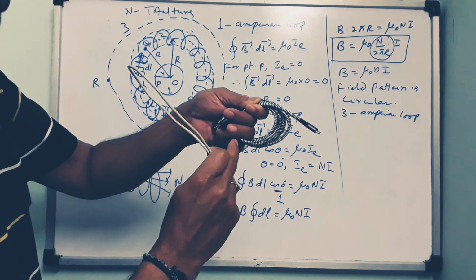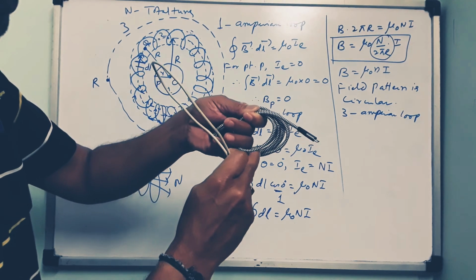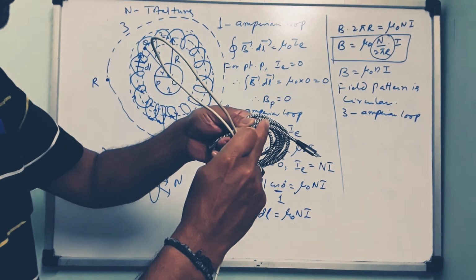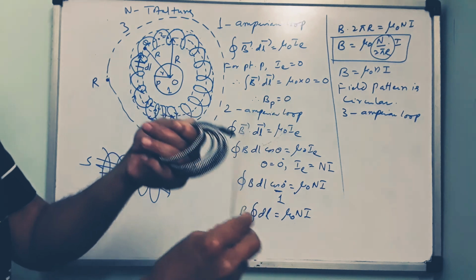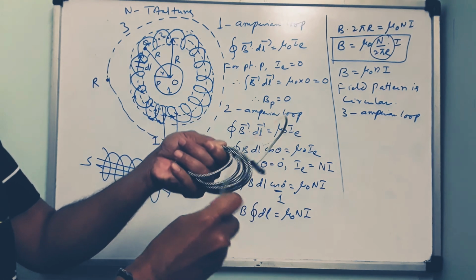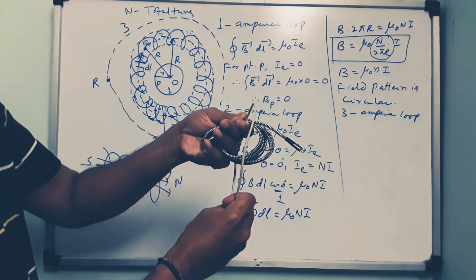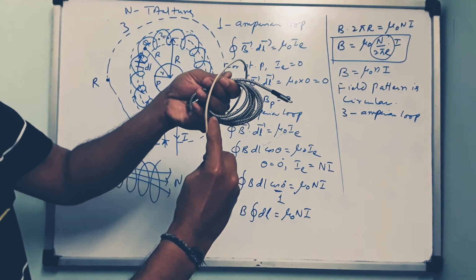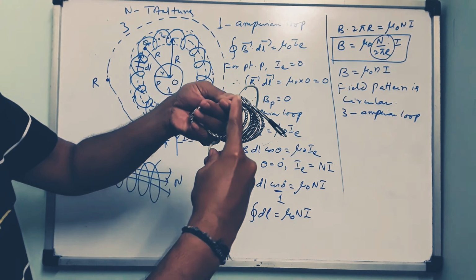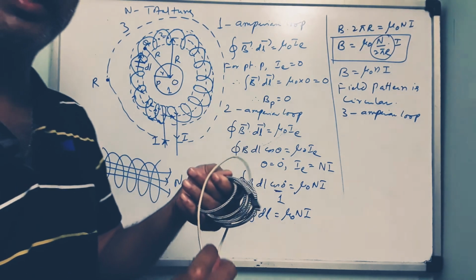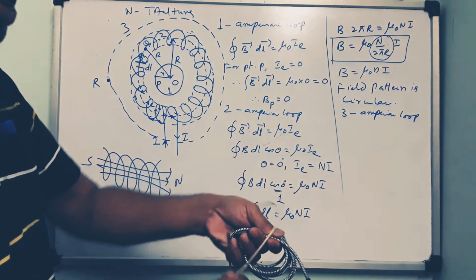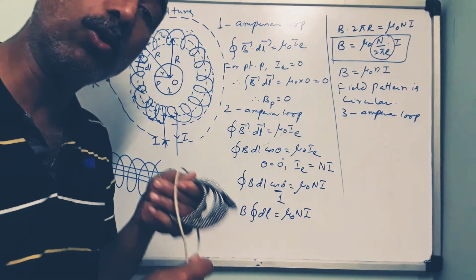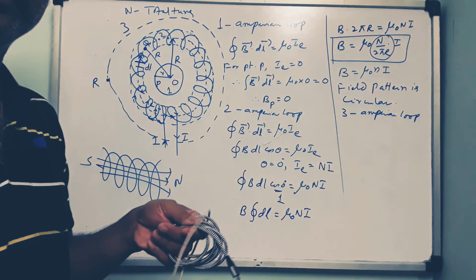I told you the lower semicircle is carrying current in the upward direction, whereas the upper will be carrying the current in the downward direction. Therefore, as far as your Amperian loop is concerned, the current going in the upward direction is cancelled by the current coming in the downward direction. So therefore, the net current enclosed by the Amperian loop for any particular coil is going to be 0.